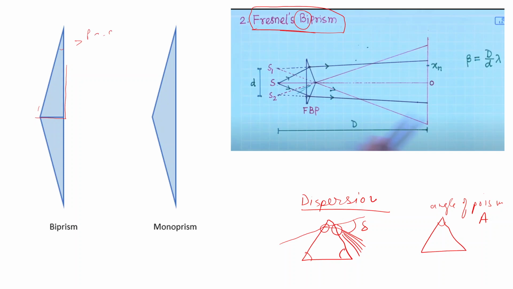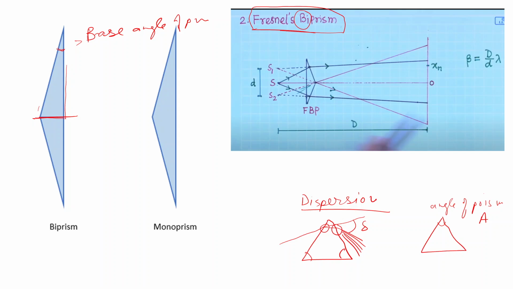Yes, this is called the base angle of the prism. This is the base of this prism, and the angle opposite to it is what we are calling the base angle, and it's a very small angle.